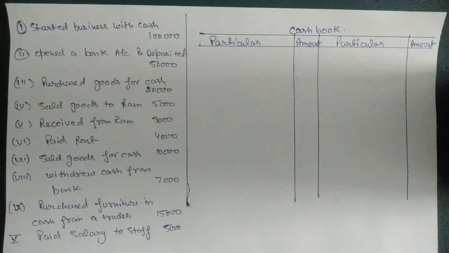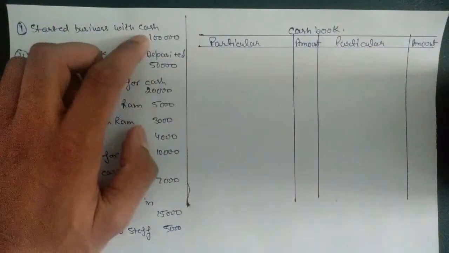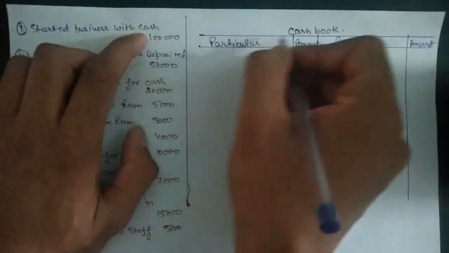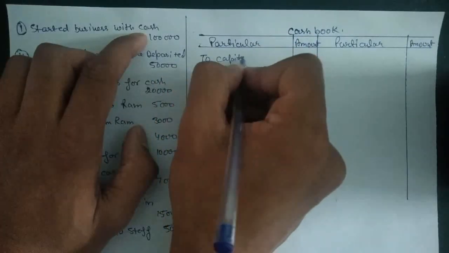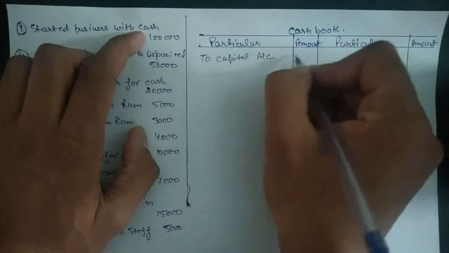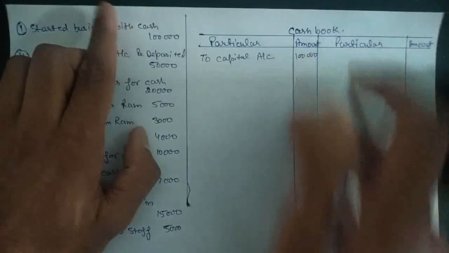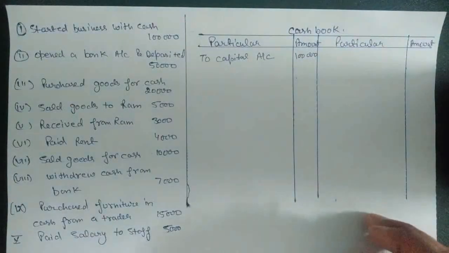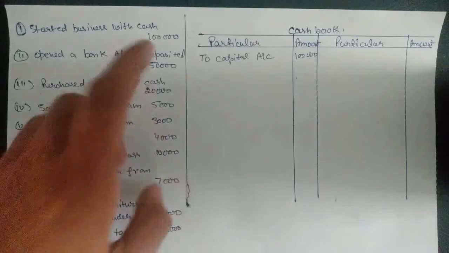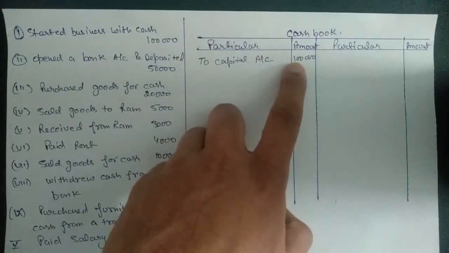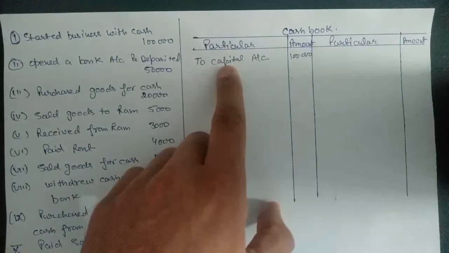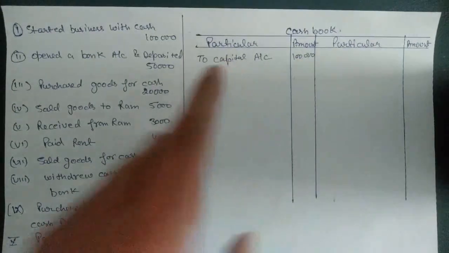And as we know, the entry for commencement of a business is cash account debit to capital account, 1 lakh. The other thing is, we need to check inflow. There is an inflow of cash in the business, so it will go directly on the debit side, but by what name? By capital account, because the owner brought the cash into the business.